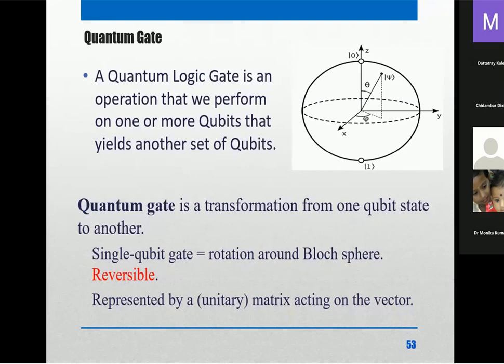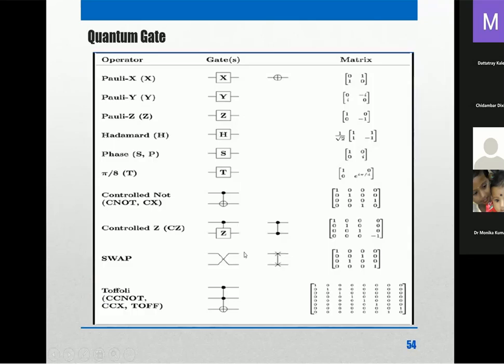And at the same time, we can have an addition of both, so we get 0 plus 1 squared. Quantum gate is a transformation from one qubit state to another. A single qubit gate is a rotation around the Bloch sphere, reversible, represented by a unitary matrix acting on the vector.